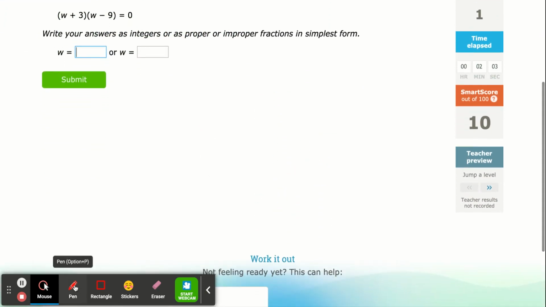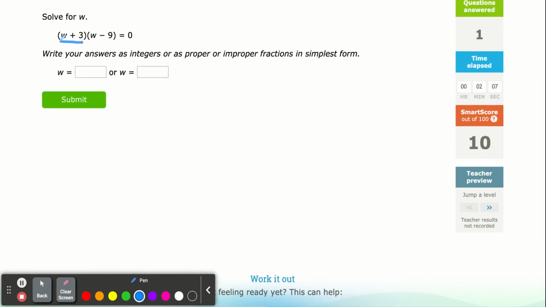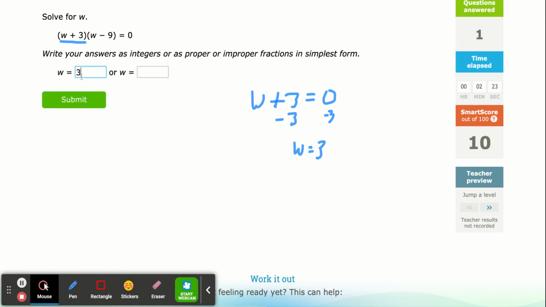So again, that's all you're going to be doing through this lesson. You take the first set of parentheses, the w plus 3, set that one equal to 0, and subtract 3 from both sides. And we get a w value of 3. That would be your first answer.